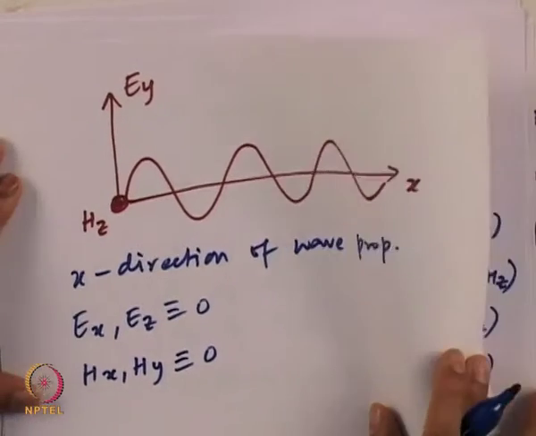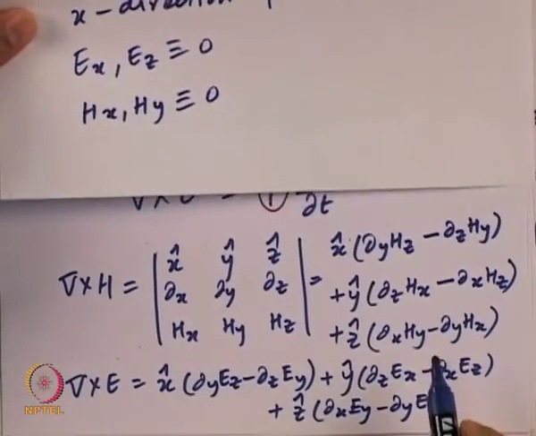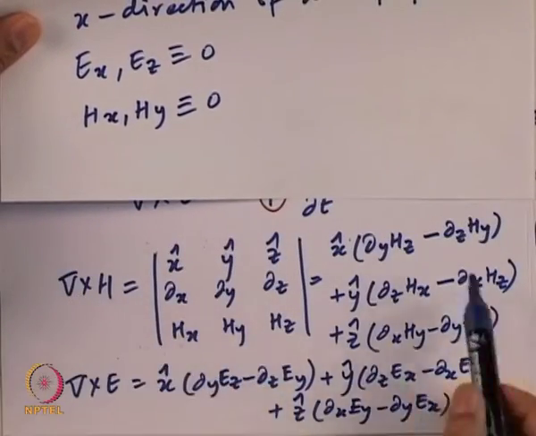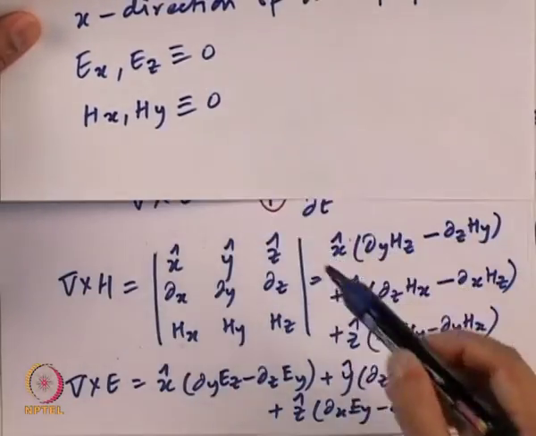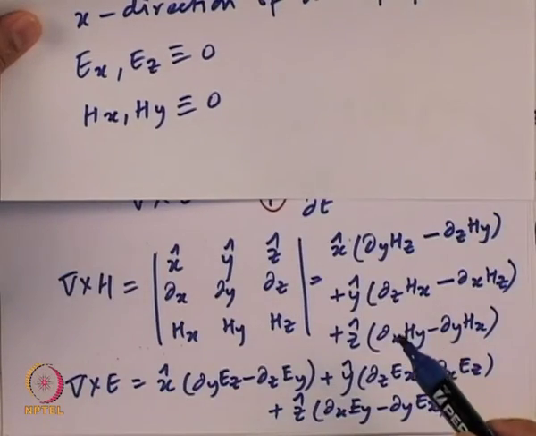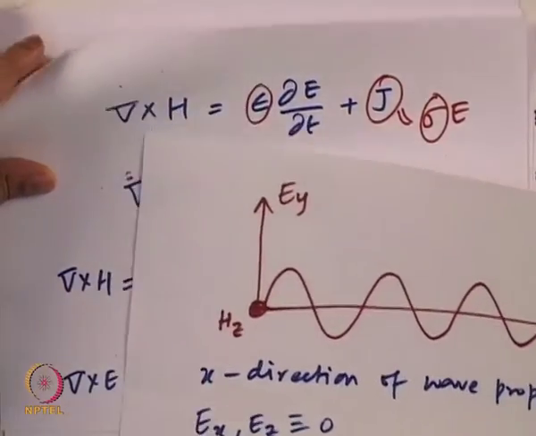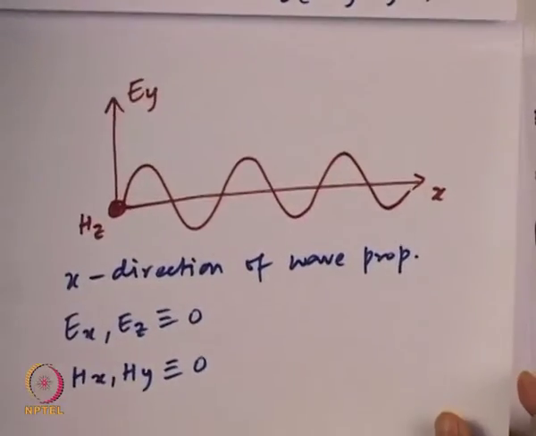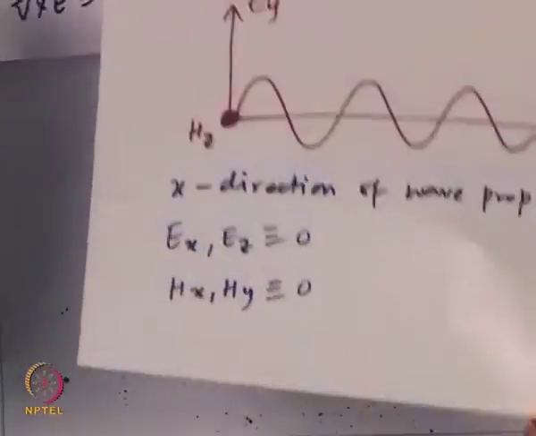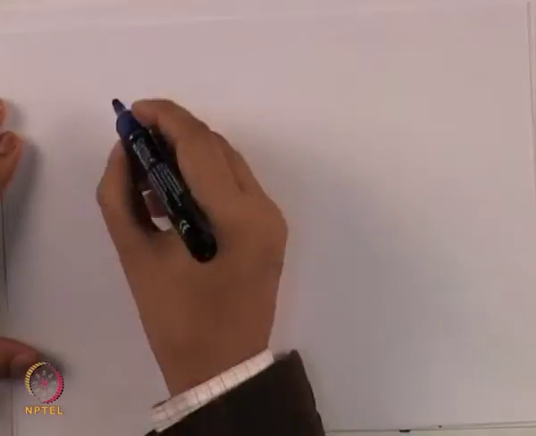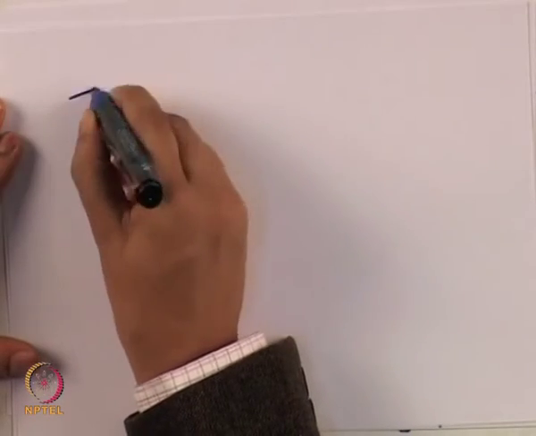If we go back to this equation and simplify it by putting in these values, what we will get is a one dimensional wave equation, or one dimensional Maxwell equation. So let us look at the Maxwell equation and cast it in one dimensional form.